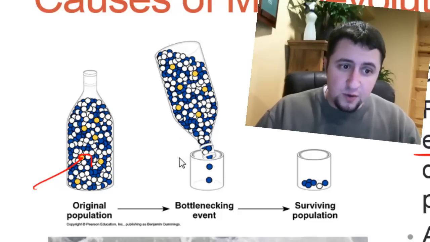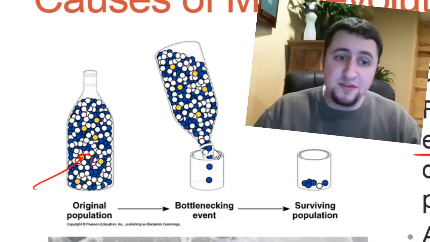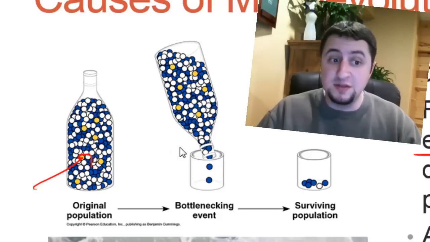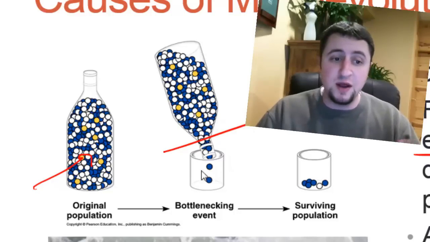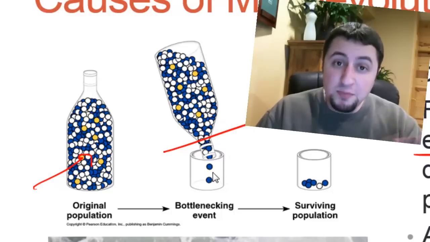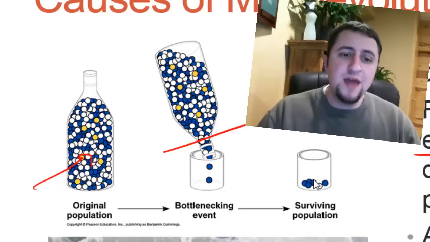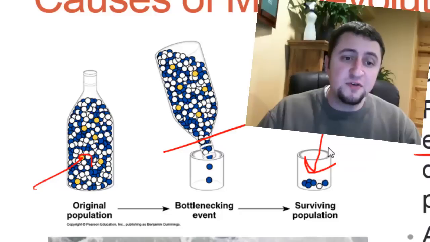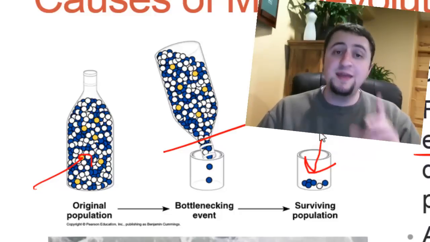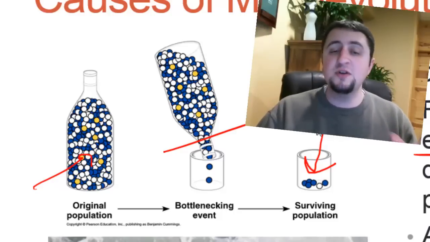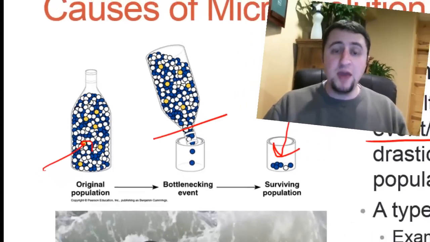Well, if we have the bottleneck effect, where only certain ones can come out, or otherwise known as, let's say that we have an event that chops off all of those alleles right there, and only a couple get to survive, well, now you can take a look. We have drastically reduced the diversity, or how many of each allele that we have. And again, that happens following certain events or disasters.